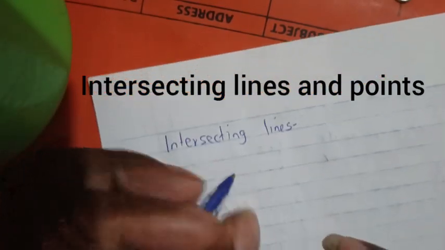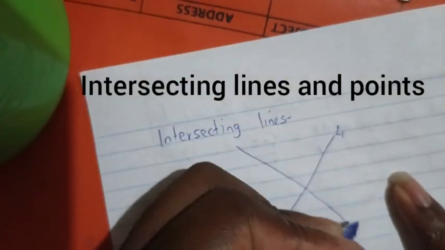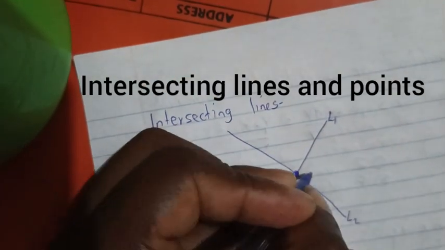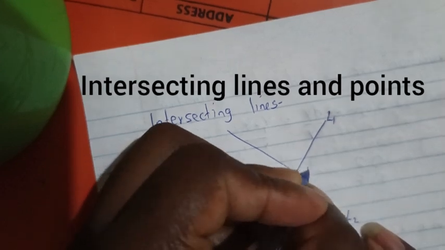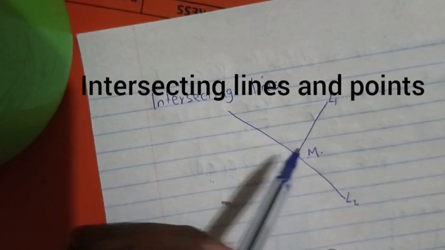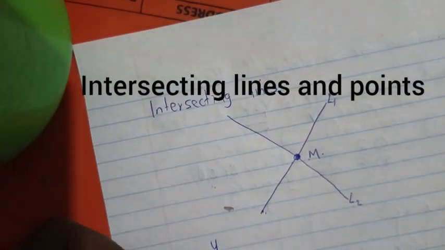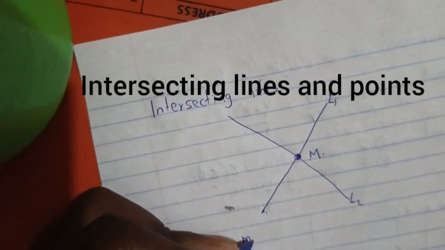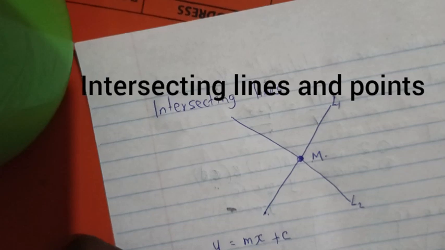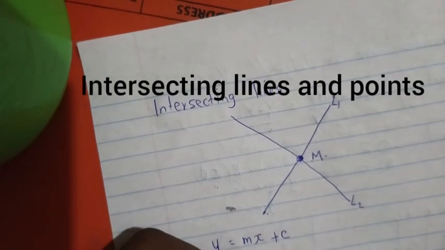Now, if two lines are to intersect, say this one is L1, this one is L2, we have a point, say a point M, and this point M is the intersecting point, whereby the first equation is y1 equals mx plus c, and y2 is also given in the form y2 equals mx plus c.